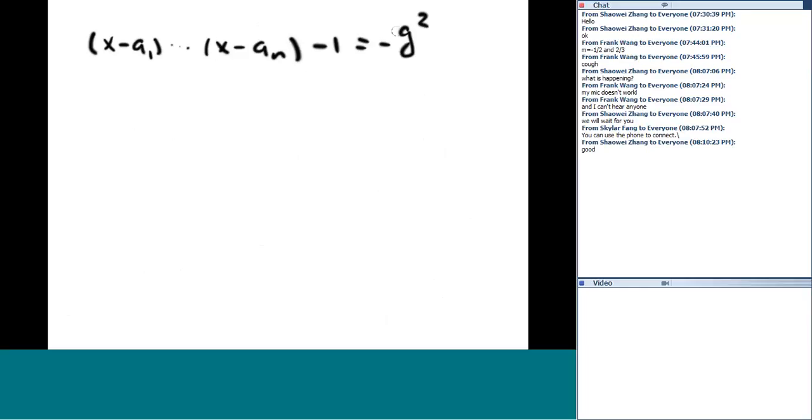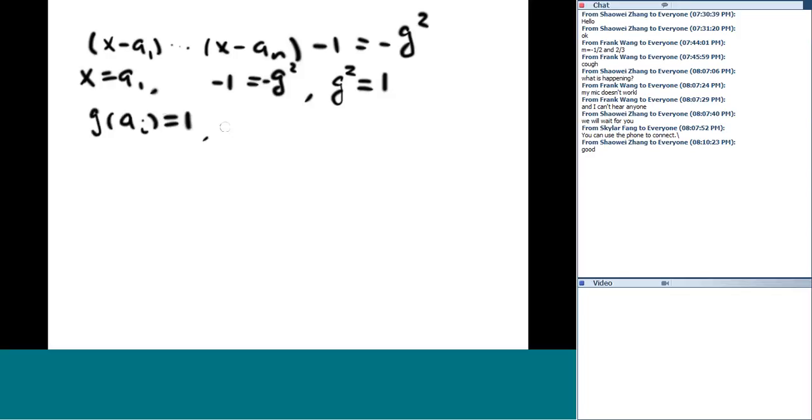That will be impossible. Why? You take x equal a1, you get minus 1 equals b squared minus b squared. So g squared equals 1, which means g(ai) equals 1 or minus 1, right?